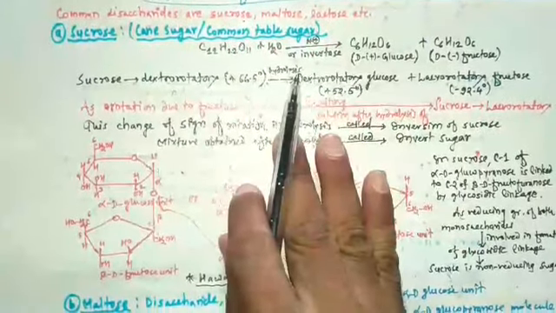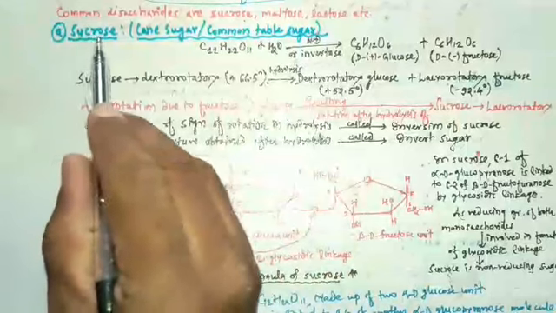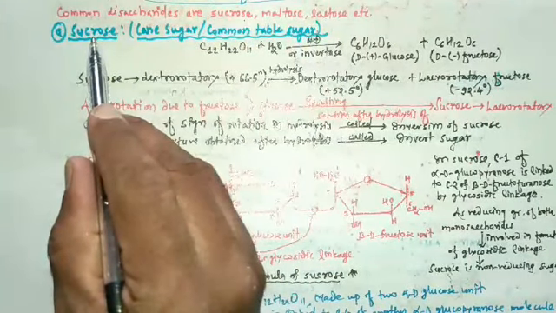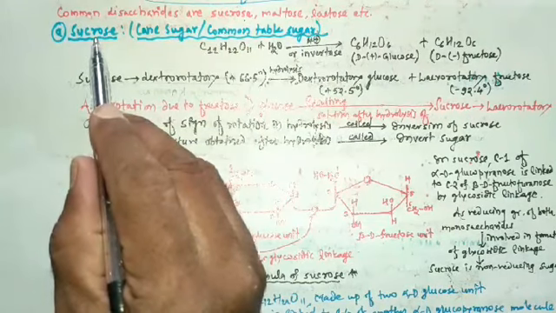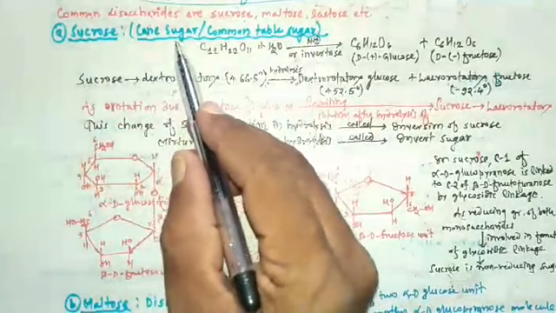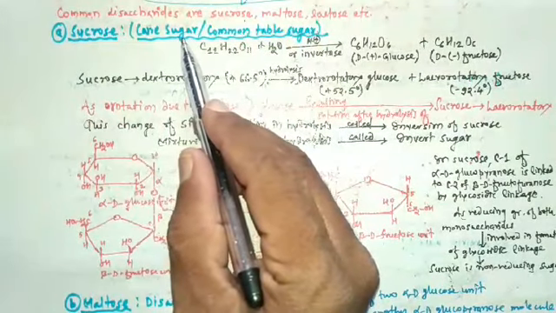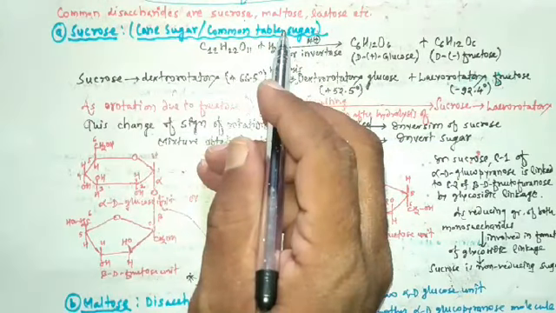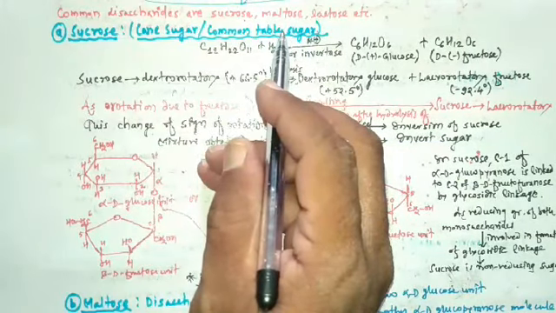Let's study first of all sucrose. Sucrose is one of the most common disaccharides. We know that sucrose is also called cane sugar, or common table sugar.